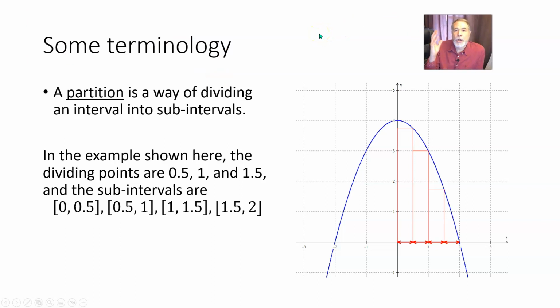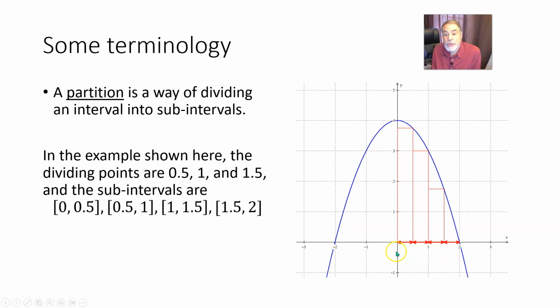Okay, so a partition is a particular way of dividing an interval up into subintervals. So in the example shown here, we've taken the interval from 0 to 2 and partitioned it up into 4 subintervals. The dividing points are here at 0.5 and at 1 and at 1.5.